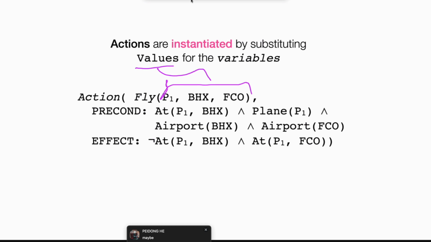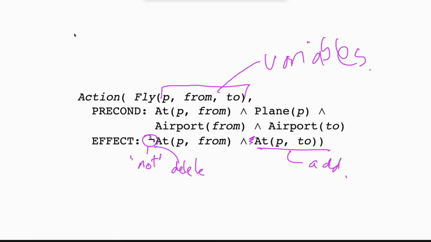Okay, it looks like, oh, lots of questions. P is a plane, to answer the chat question. And you can see that because, well, it was clear in the previous one, right?